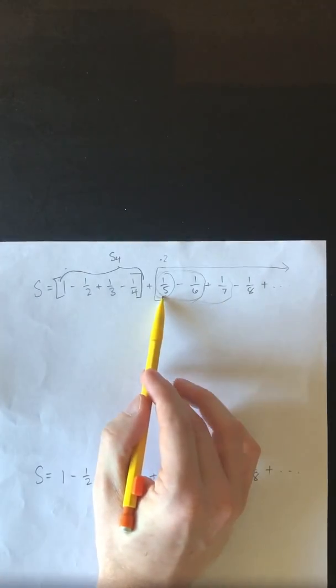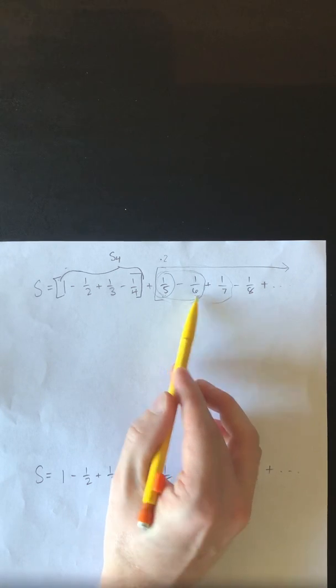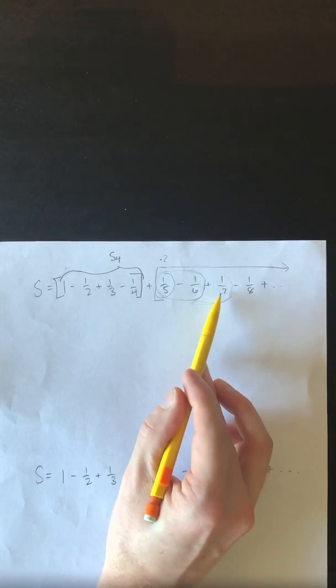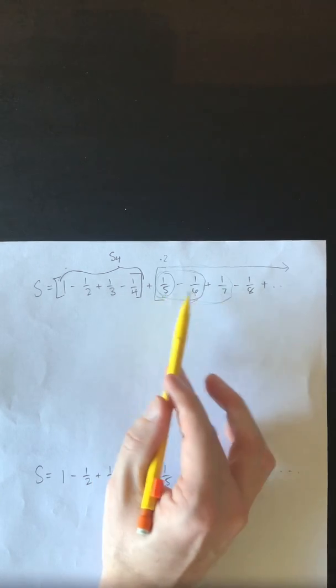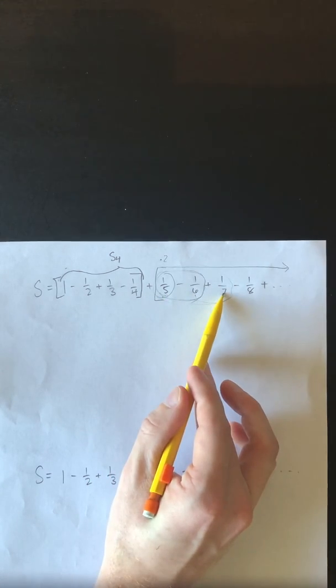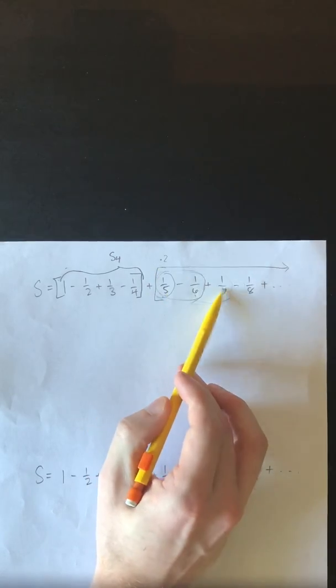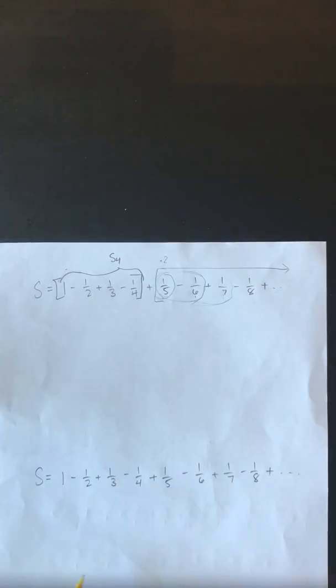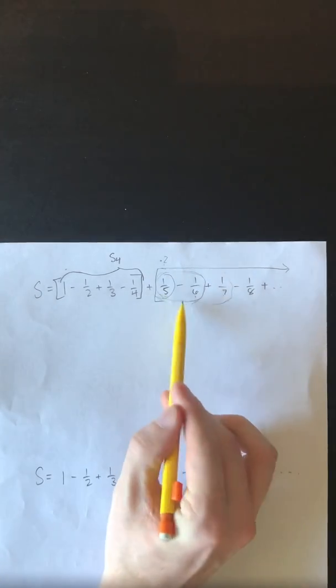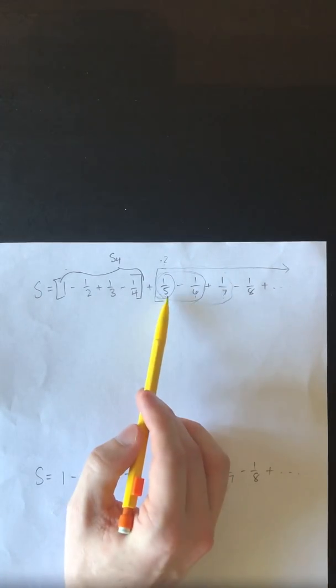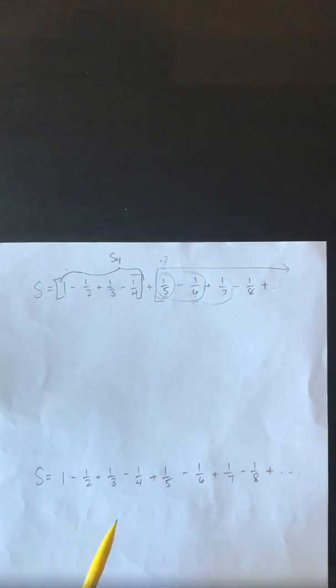I had the 0.2, I lost some, and then I gained some back, but 1/7 is smaller than 1/6. So you lose some and gain some back, but you're not going to gain enough to get back to 0.2. Having the 3 terms is going to be bigger than having the 2 terms, but it's not going to be the same as that initial term by itself.